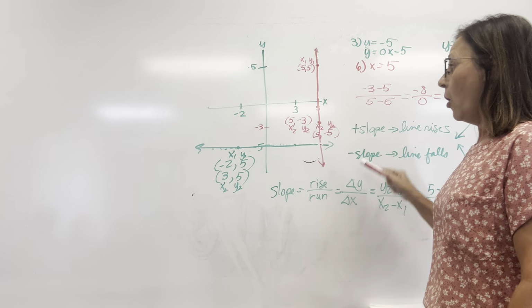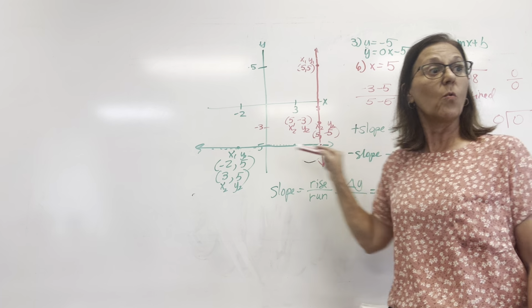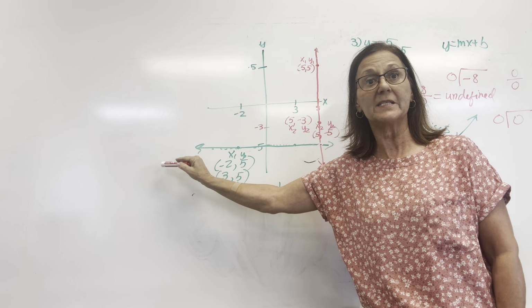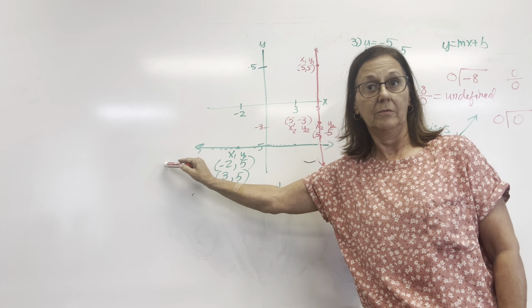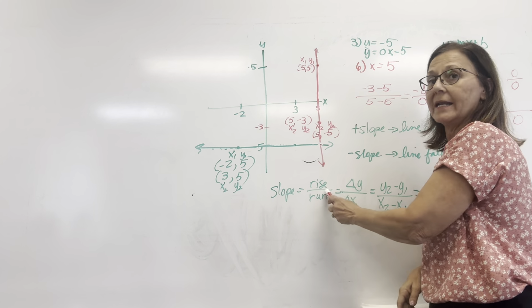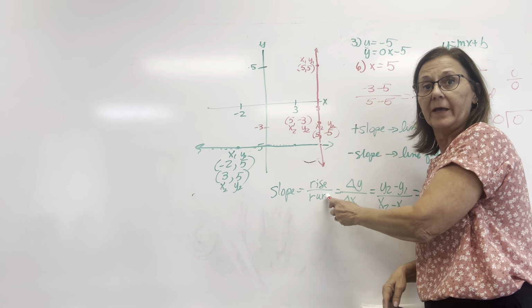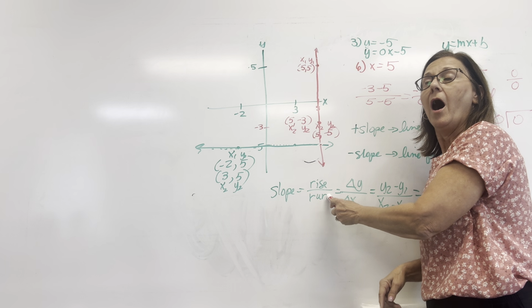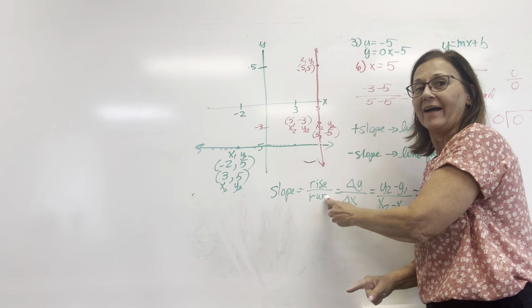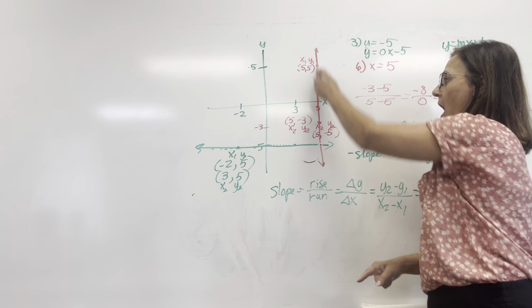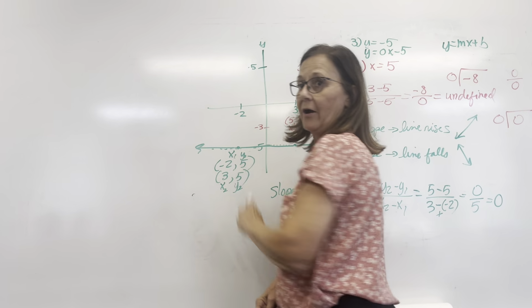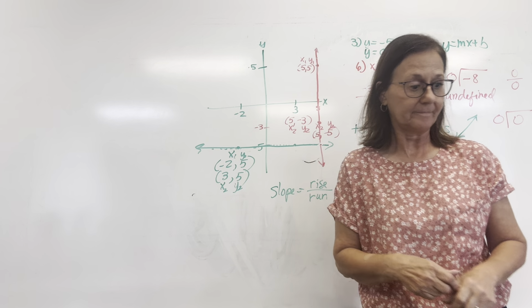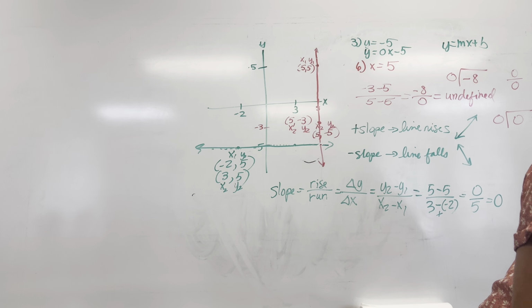So every horizontal line is y equals a number, and the slope is equal to 0. Every vertical line is x equals a number, and the slope is undefined. Got it? Undefined. Zero. Got it? All right.